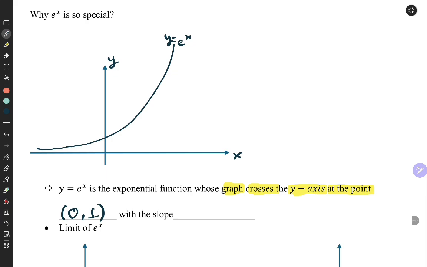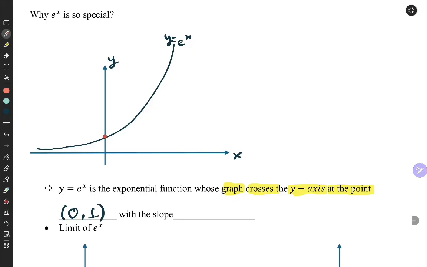The slope. In other words, it has many slopes: slope here, slope here, slope here. The special slope that we are talking about is right here at the y-intercept.